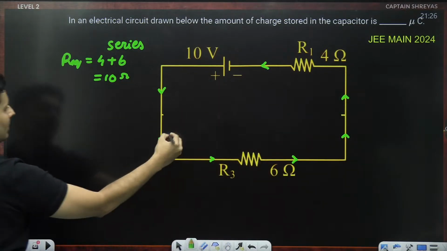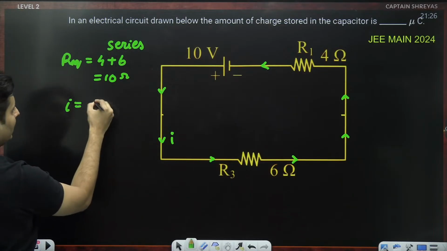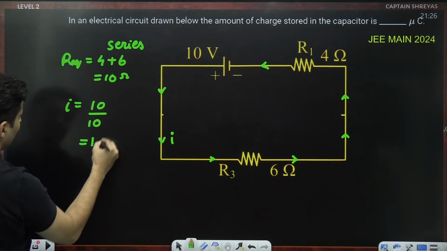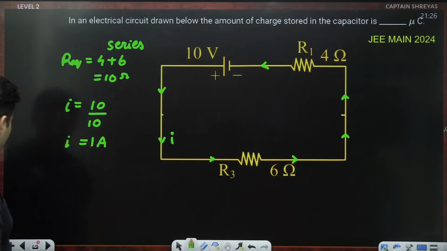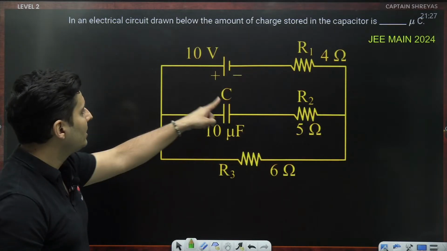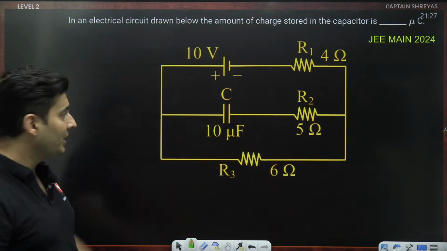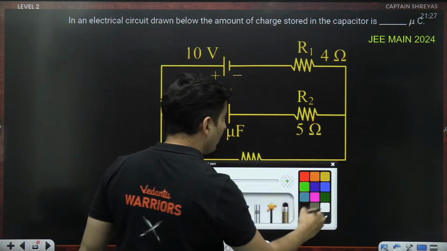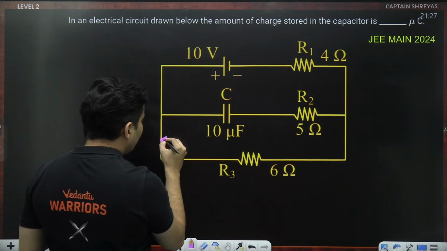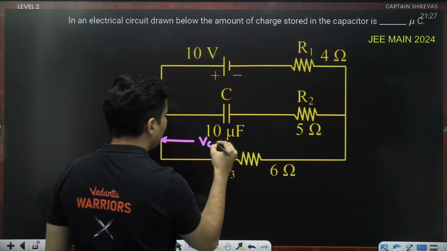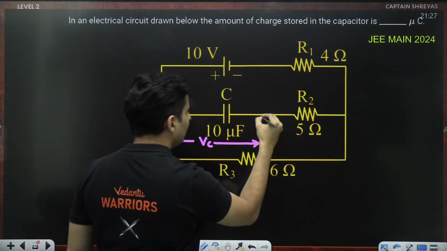So what is that value of the current? Current is voltage divided by resistance, so it is just 1 ampere. Okay. Now, in order to find the charge on this capacitor, listen to me carefully, very, very important. I will need the voltage across the capacitor, that is between these 2 points.